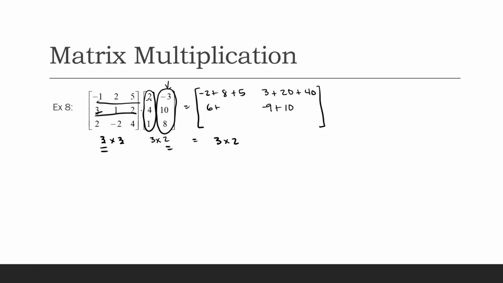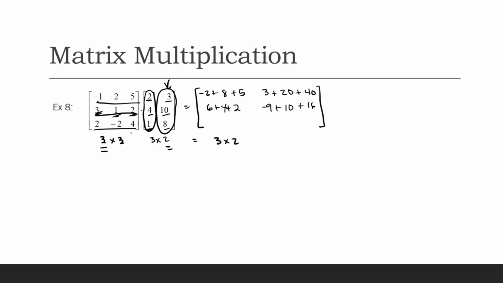So 3 times 2 is 6. 1 times 4 is 4. And 2 times 1 is 2. Then we do it by the second column, and I get 3 times negative 3, 1 times 10, and 2 times 8.